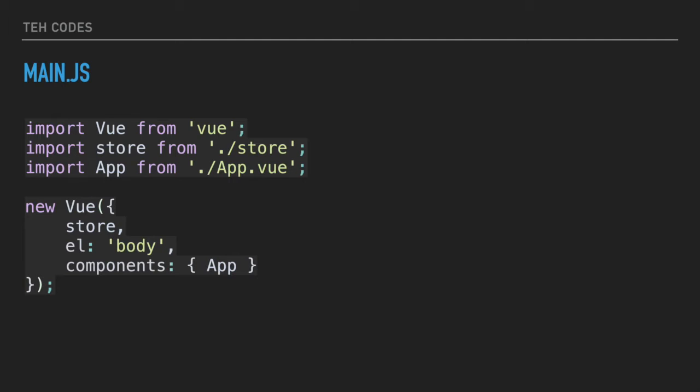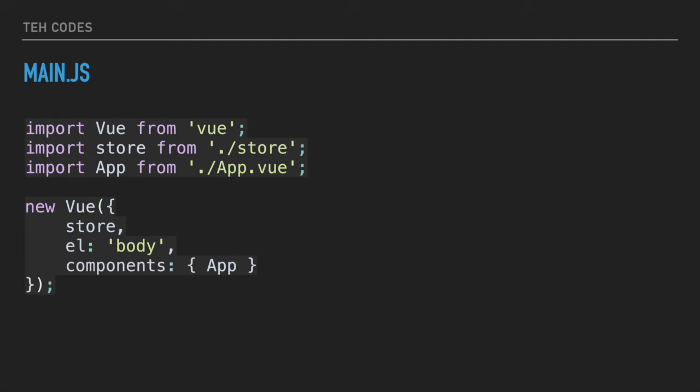We're importing app, which is our custom Vue component from app.vue in the same directory. And we're also importing our store, which is where we're setting up our Vuex store instance. We're importing that store so that when we new up our root Vue instance here, we can, in addition to the standard setup, bind in store directly.